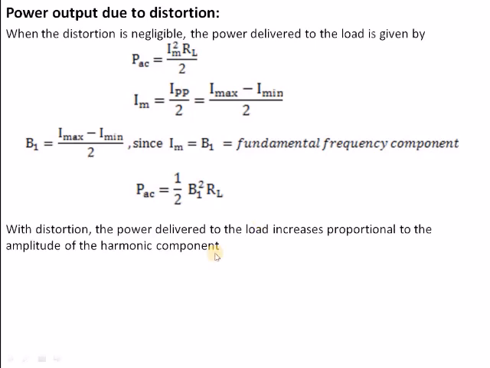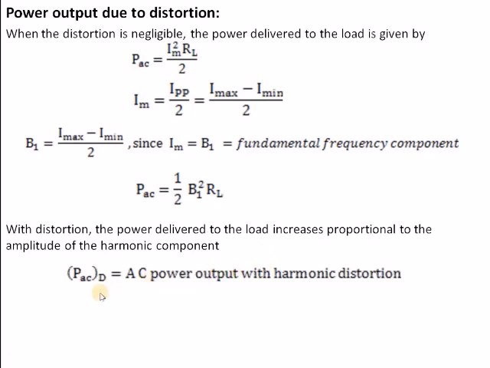If you assume our output has distortion, then the AC power output with harmonic distortion is given by PAC of D, which is equal to 1 by 2 B1 square RL plus 1 by 2 B2 square RL plus 1 by 2 B3 square RL.